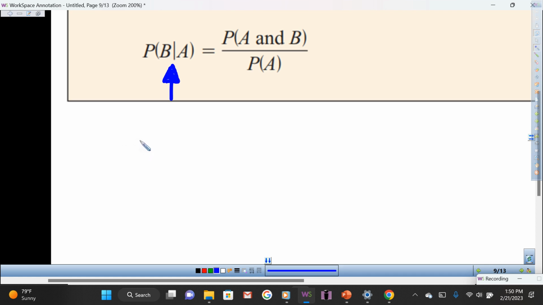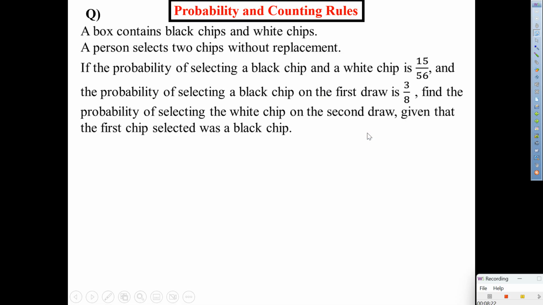P of B depending on A, or P of B given A, is equal to a fraction: P of A and B, or P of A and B divided by P of A. We good? All right, so with that said, let's go to problem number 1.